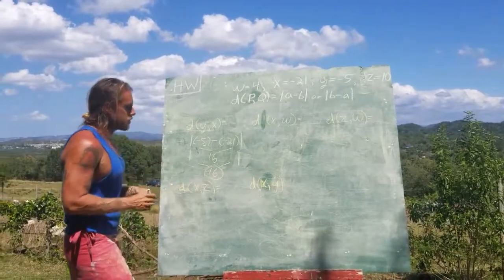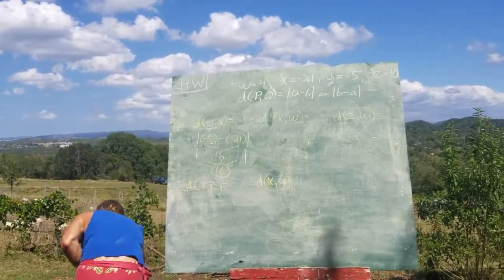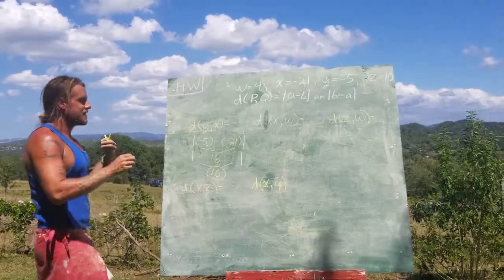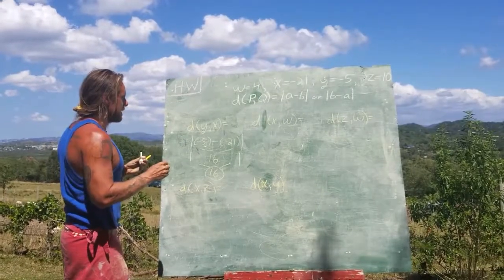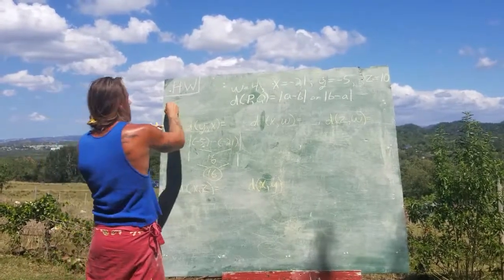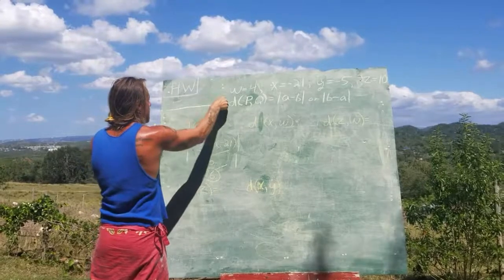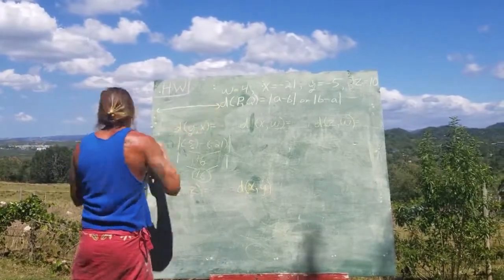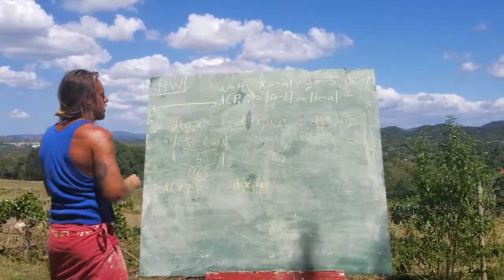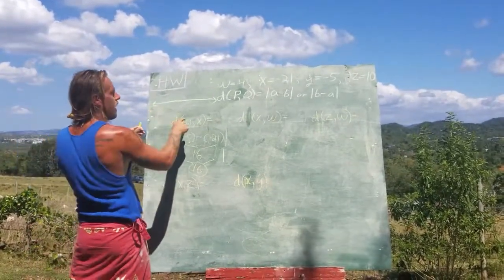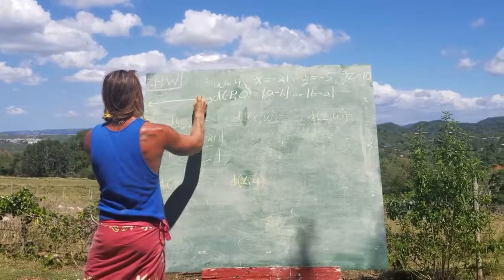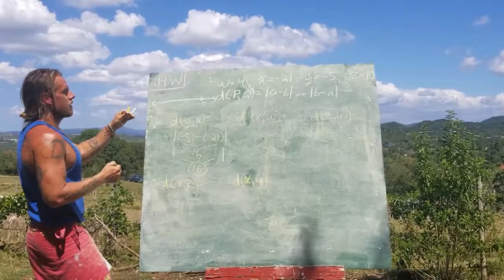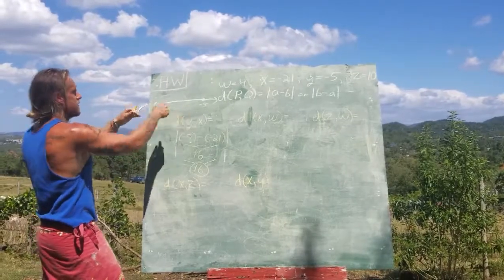Now, at least for this first one, let's construct a real number line just so we can see if this makes sense. If we have our real number line up here, our point y, which is -5, and x, which is -21.